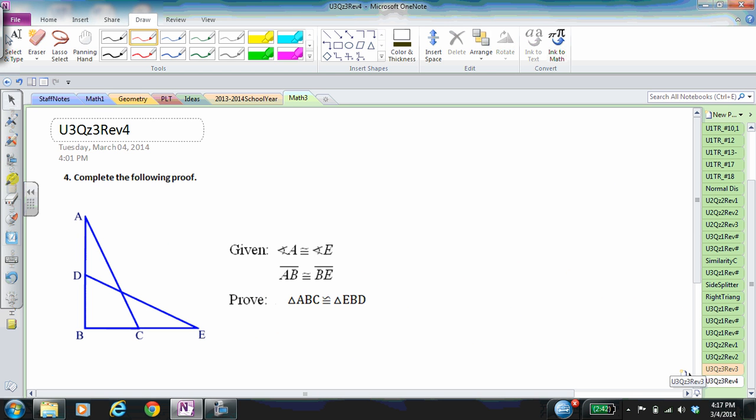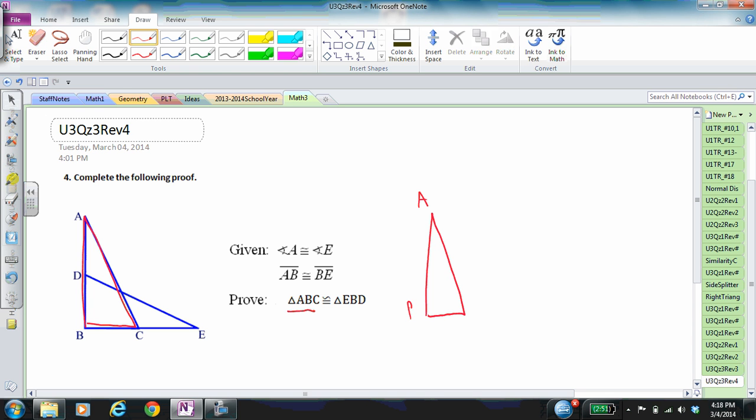All right, finally we have problem 4. And this time we have overlapping triangles. So it's a great idea whenever you have overlapping triangles to separate them out. So we have triangle ABC here that we are trying to prove something about. So let me redraw that one.